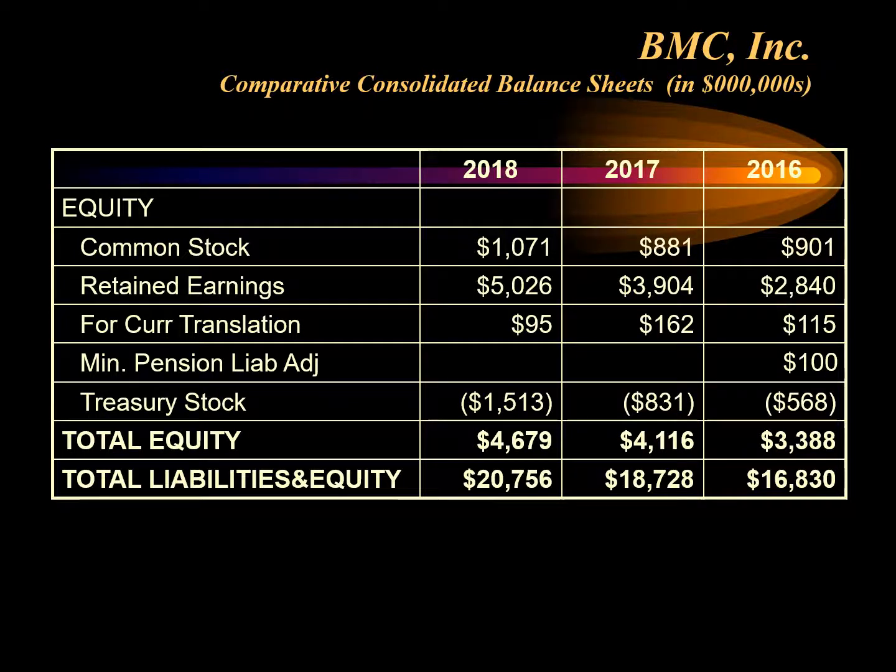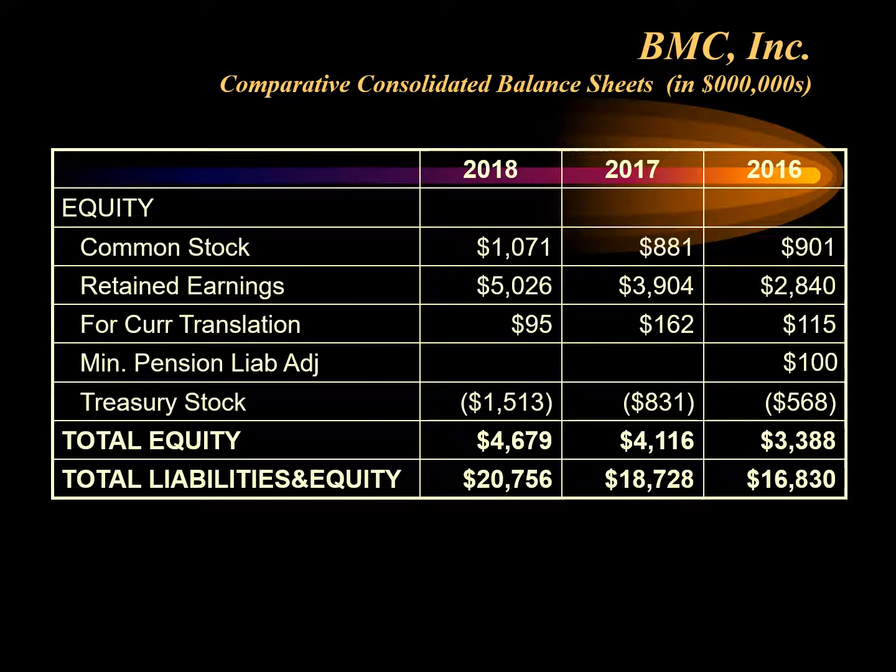I went ahead and added this other adjustment account because that has popped up on some students' statements. Minimum pension liability adjustment. You may or may not see that. That goes back to companies that offer a defined benefit plan, or some kind of post-retirement benefit.